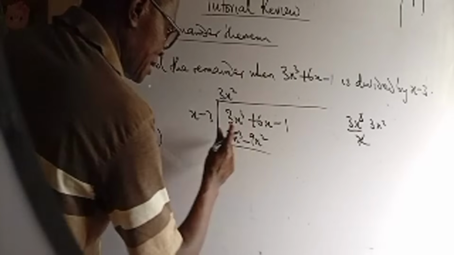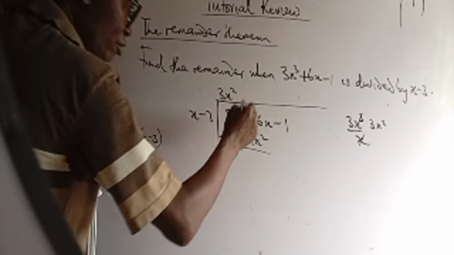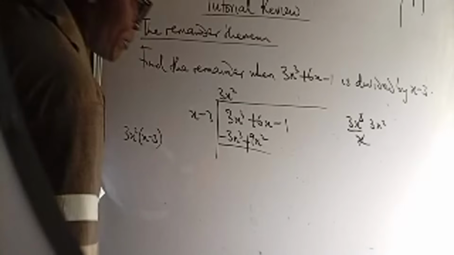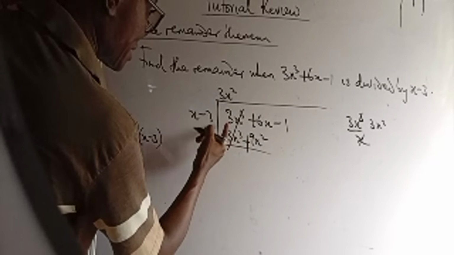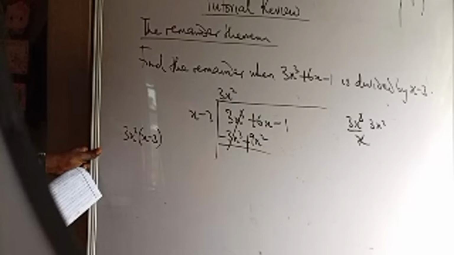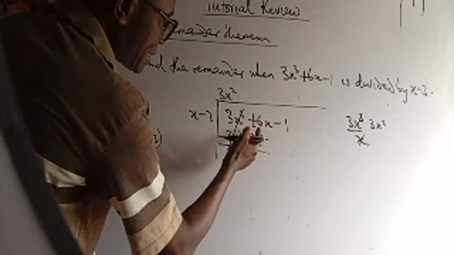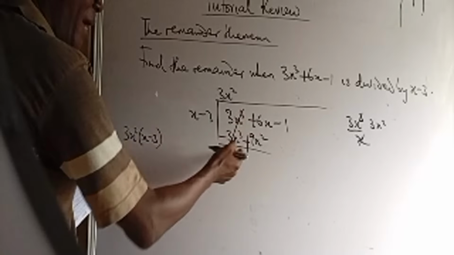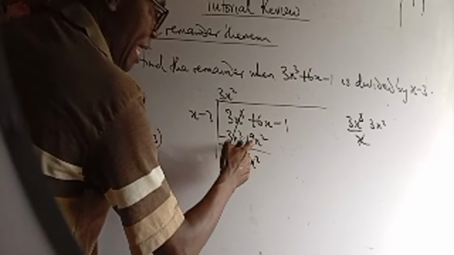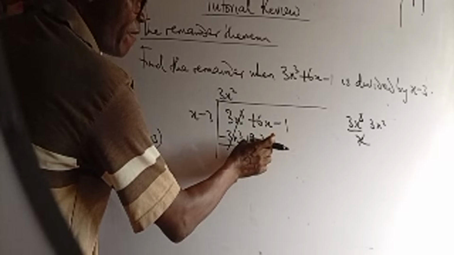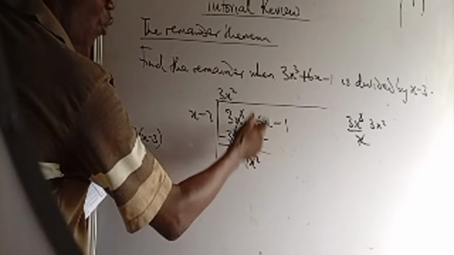Now subtract this from this. You put minus here, this one will change to plus because minus times minus is plus. So this cancels this, because 3x cubed minus 3x cubed is 0. Now what do you have here? 9x squared plus 6x. You cannot add them together. So you write 9x squared first because it is more in value than 6x, because of the square on x.